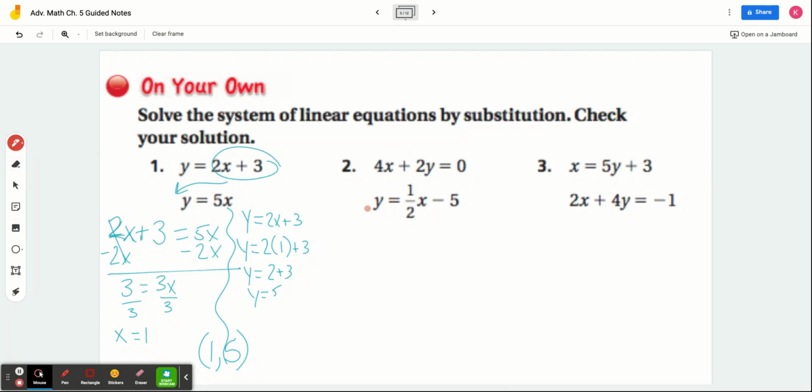Using the same method, we can see here that y is already isolated. So we can take this expression and replace y in the other equation. So when we do that, we can rewrite 4x plus 2 times 1/2 x minus 5 equals 0. So again, we've replaced y with this expression. 2 times 1/2 x is 1x.